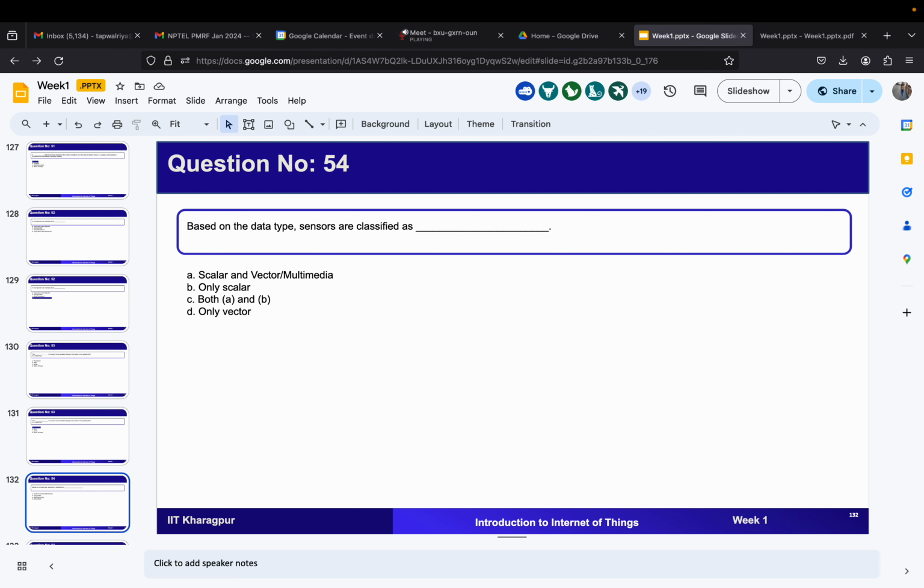A, scalar and vector. Right, option A is correct. Next question is, an actuator requires a blank and blank. Options are control signal and bias signal, control signal and source of energy. C is noise signal and source of energy. D is none of these.